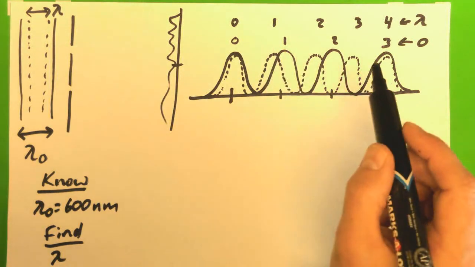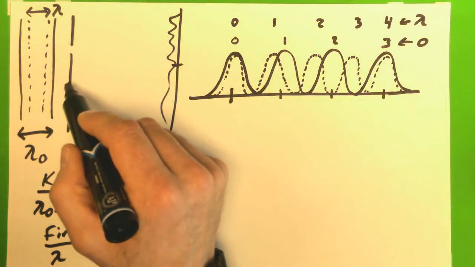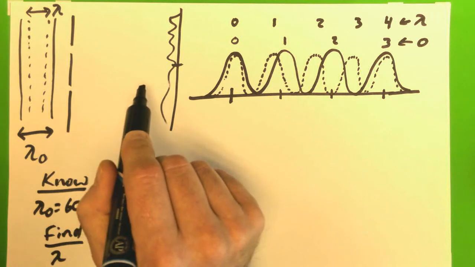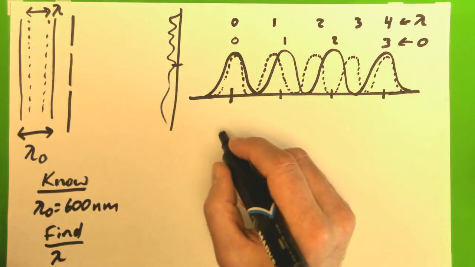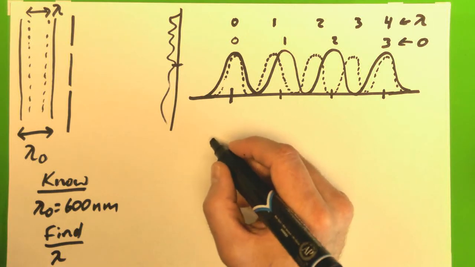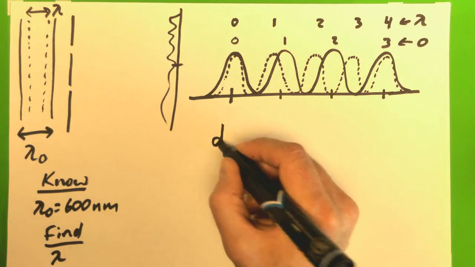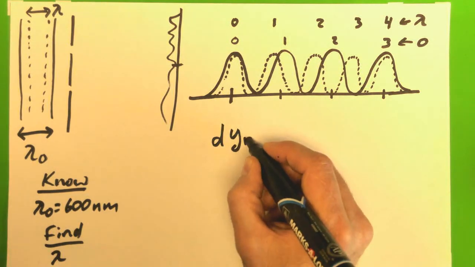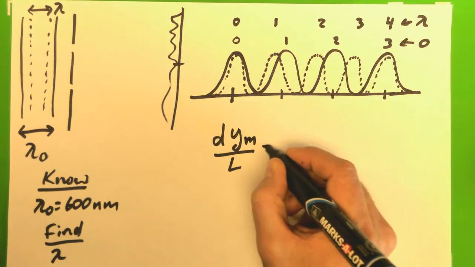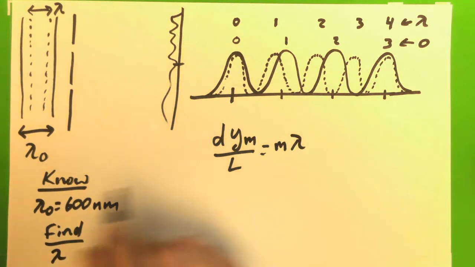Well, I don't know the distance between the slits, and I don't know how far the screen is from the slits, but let's see if I need that. Using our two-slit interference equation, D times Y sub M over L is equal to M lambda.